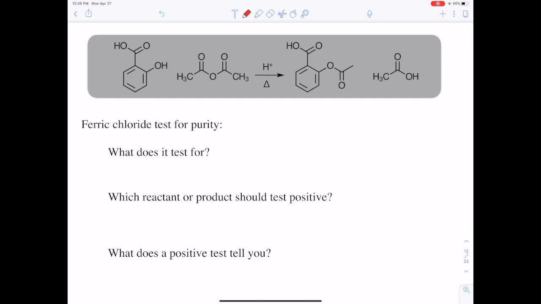At the end of the experiment, we do a ferric chloride test, iron 3 chloride. So what does that test for? It tests for phenols. And which product or reactant would test positive? Well, here's our phenol in salicylic acid. So salicylic acid has a phenol in it, and that should test positive.